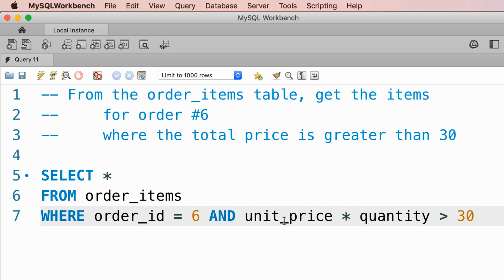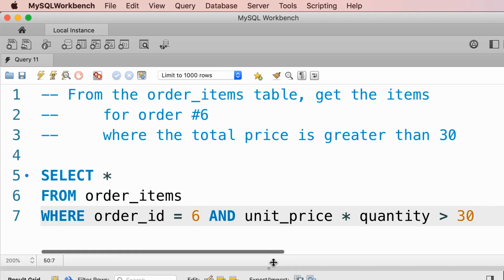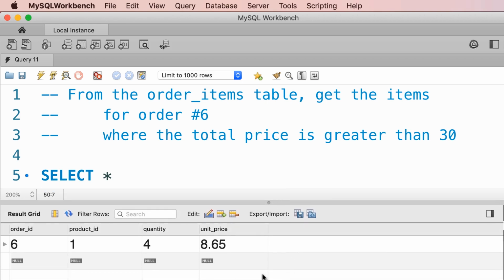So as we can see, we can use an arithmetic expression in a where clause. It's not limited to the select clause, okay? Now let's execute this query and see what we get. We should get only one item. That is for product 1. Here the quantity is 4 and unit price is just over $8. So the total price for this item is greater than 30.